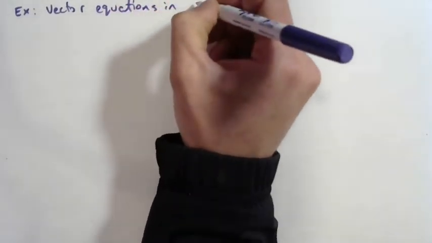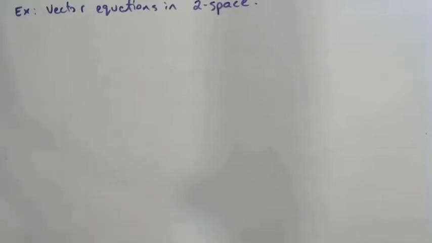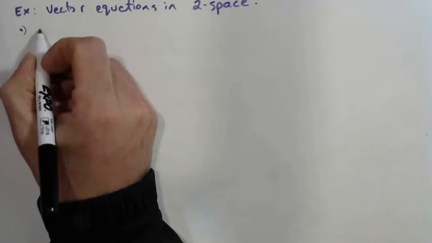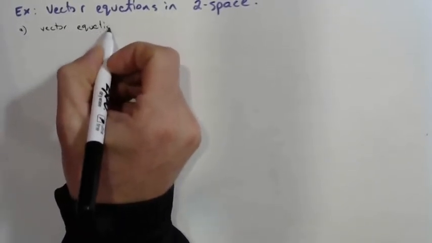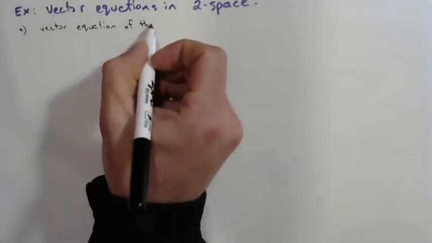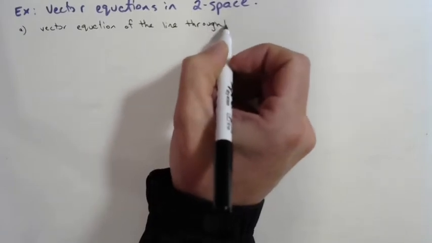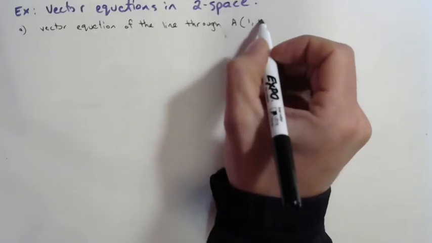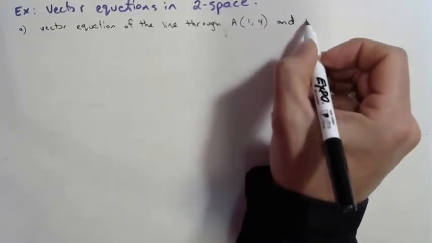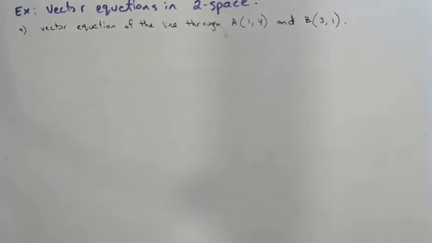The first thing that we're going to do is find the vector equation of the line through, we're going to be given 2 points, the point A at 1, 4, and B at 3, 1.